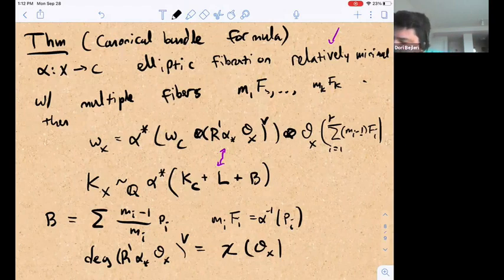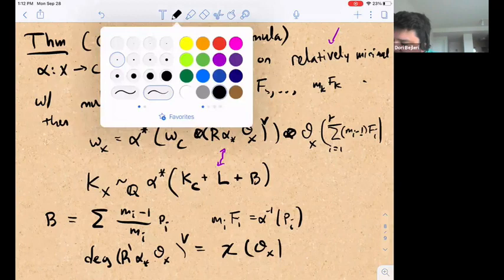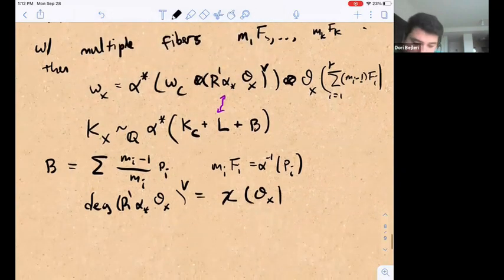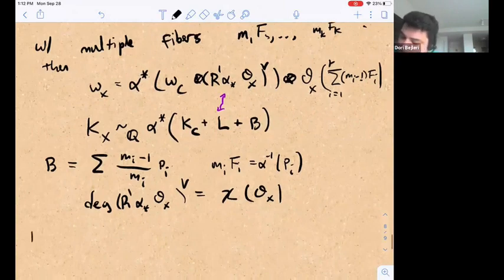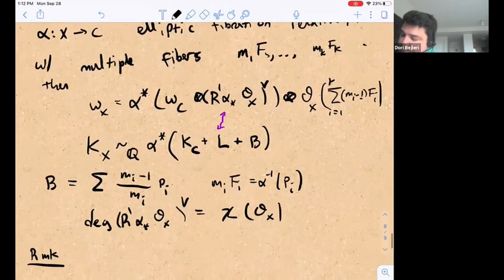And what this tells us is that the base of our fibration isn't just a curve, but it comes equipped with some extra data.